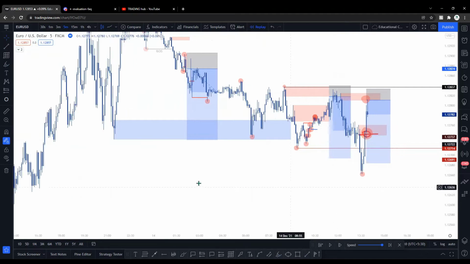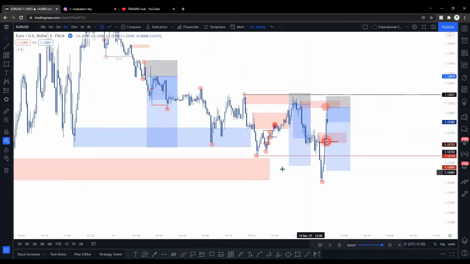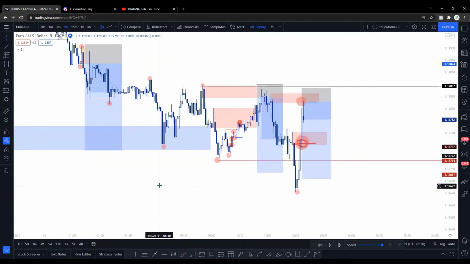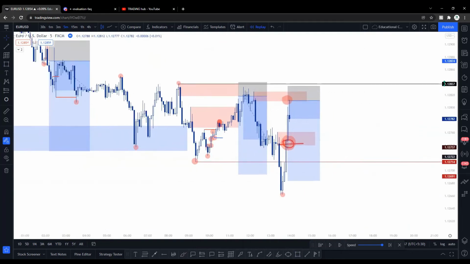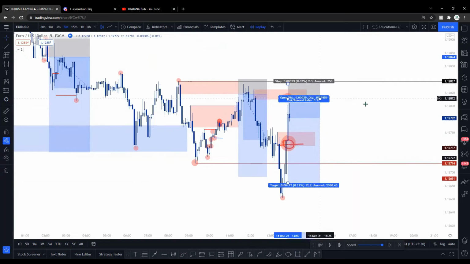Exactly, that is what is pushing the reaction. We were discussing identifying order blocks. So this order block is our next order block where we can sell directly.